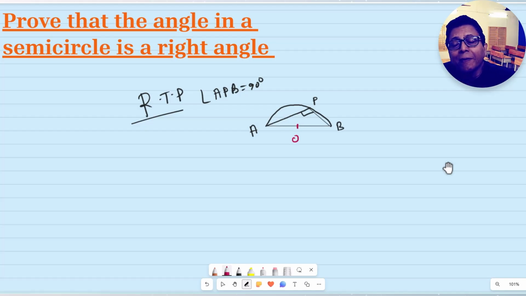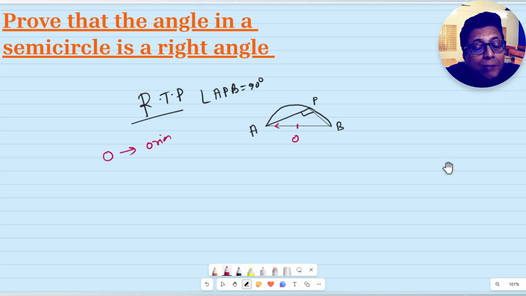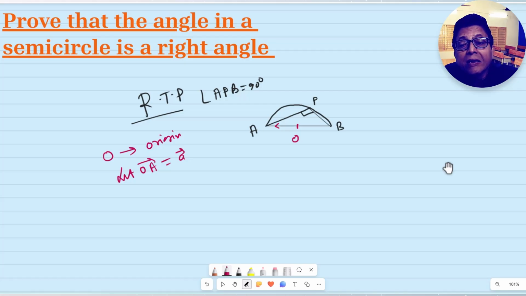To prove APB is 90 degrees, we take position vectors of all 3 points. But there is an advantage here. We are taking O, the center of the circle, as the origin. Let OA vector equal to A. Then for OB vector, this is the advantage you can take, because they are on the same line, just in the opposite direction.